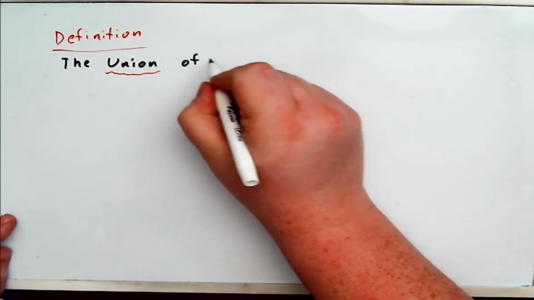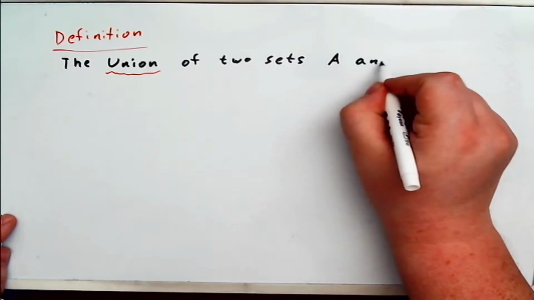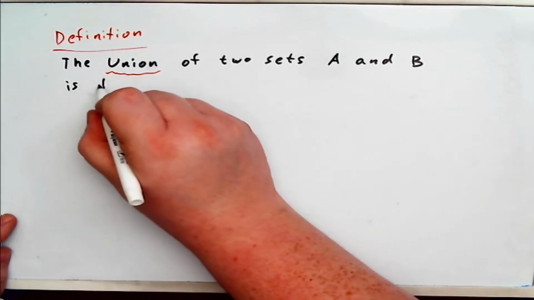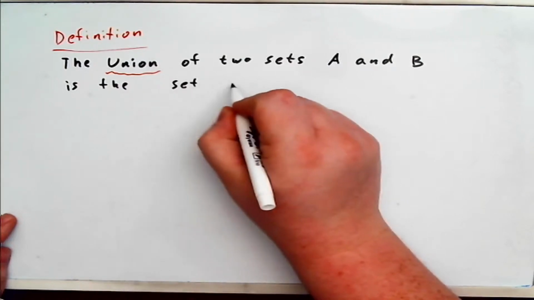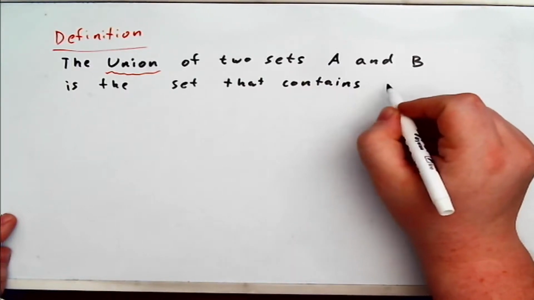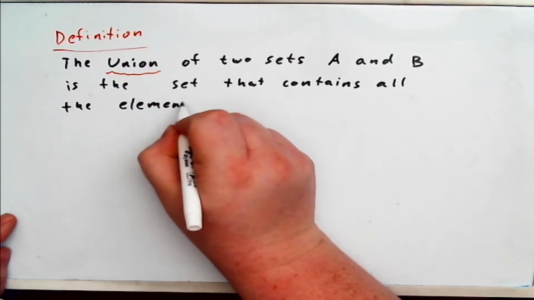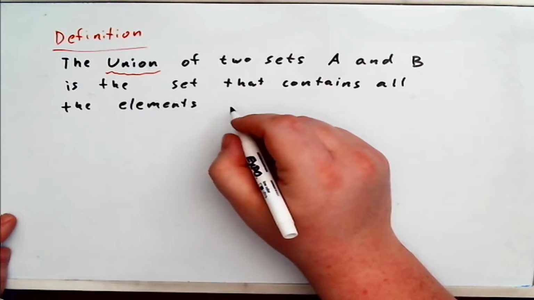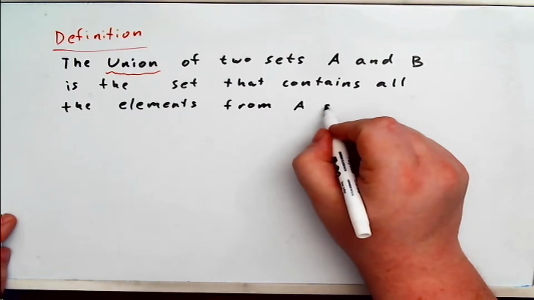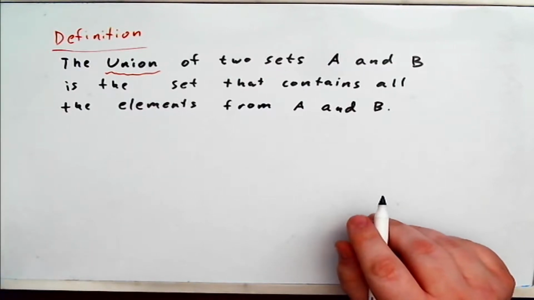So the union of two sets, and we'll call these sets A and B, is the set that contains all the elements from A and B.